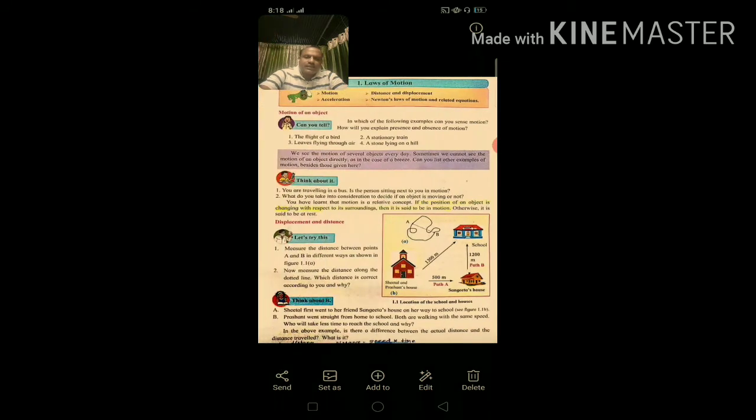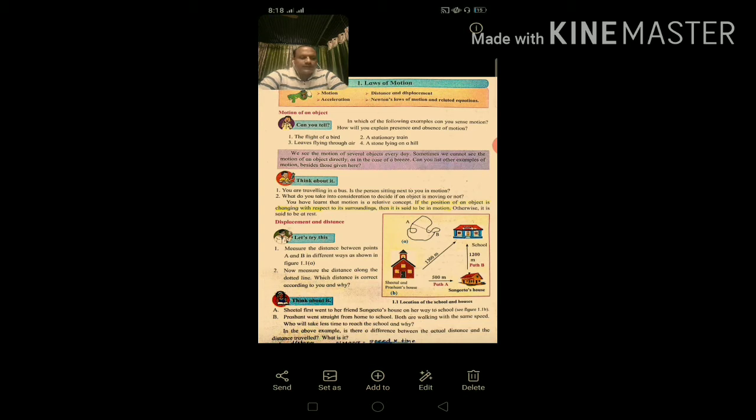Now Sheetal's speed along path A is distance upon time, meaning 500 meters upon 5 minutes.